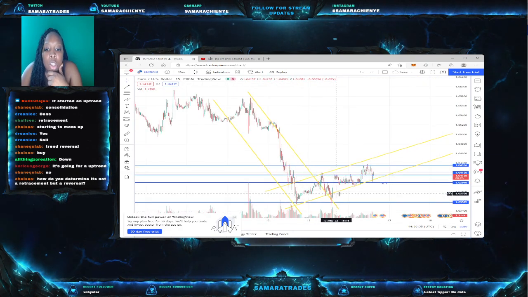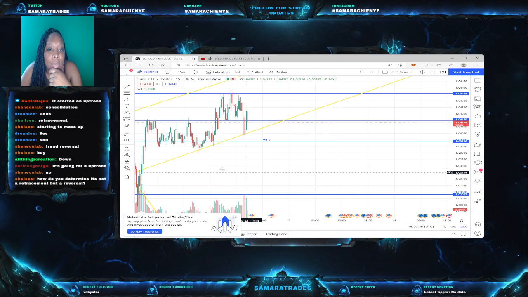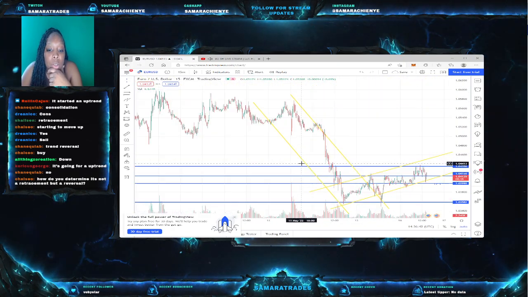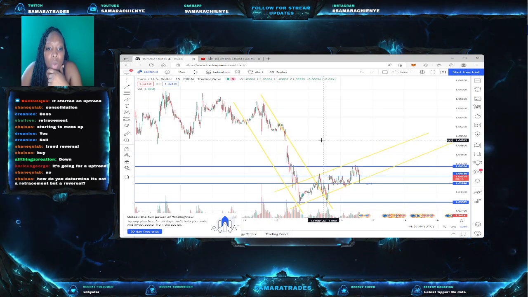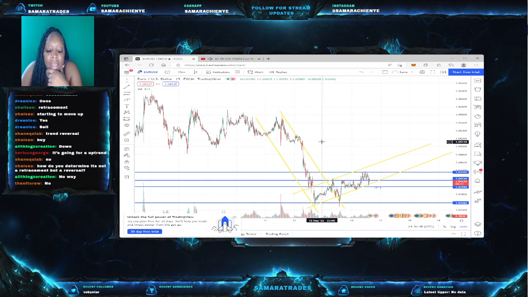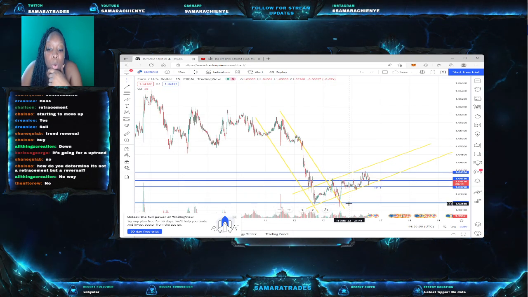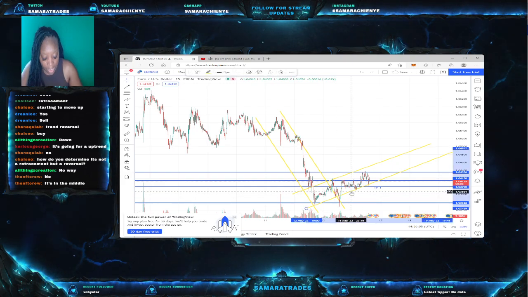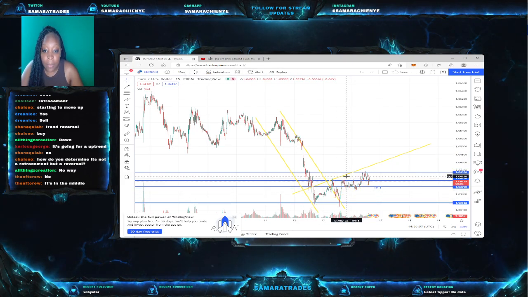All right? So whenever it comes down to retracement, retracement's always going to occur. What I learned when it comes down to trading is that whenever you see your support line, this is another good one. Let me take this off so y'all can see what I'm saying.